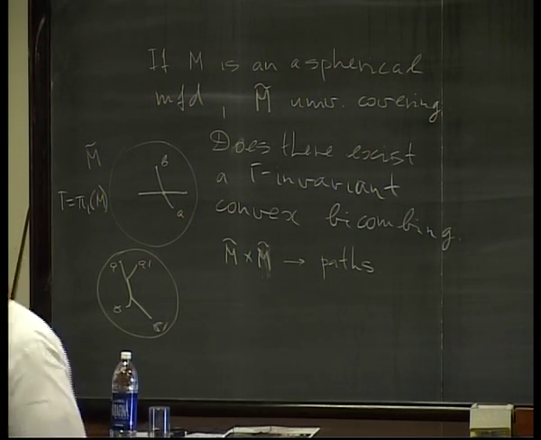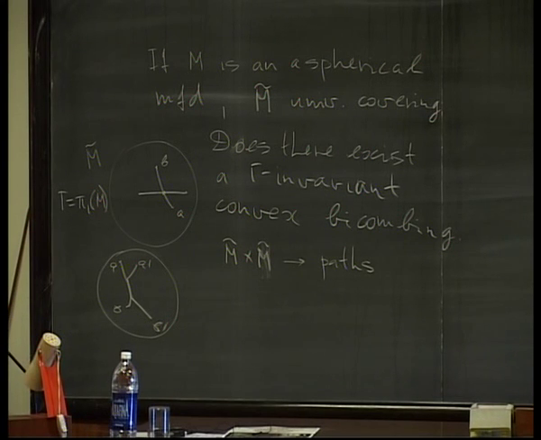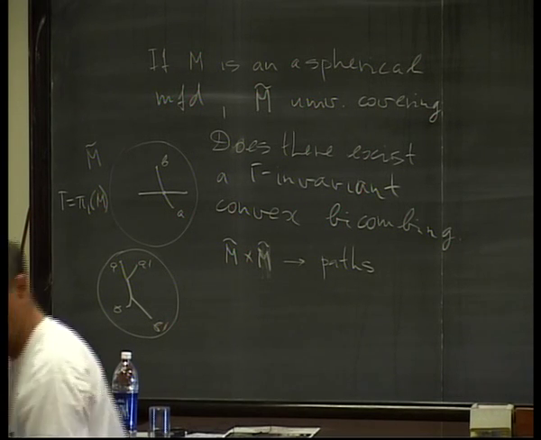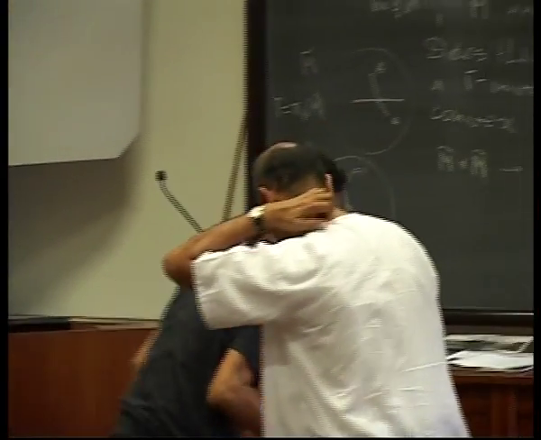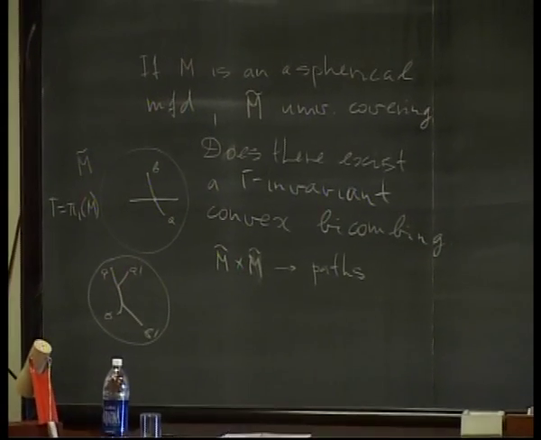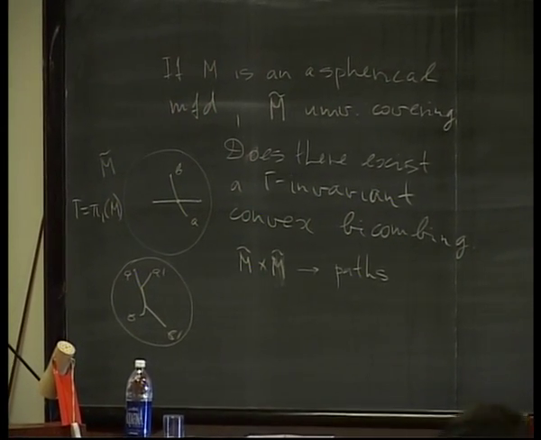You don't have to have a solvable word problem for the fundamental group, probably you don't. I don't see any reason why this would imply it. There is no geometry here. It's a topological statement, really.